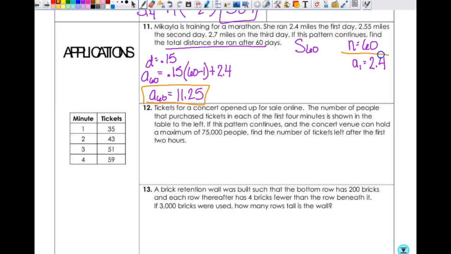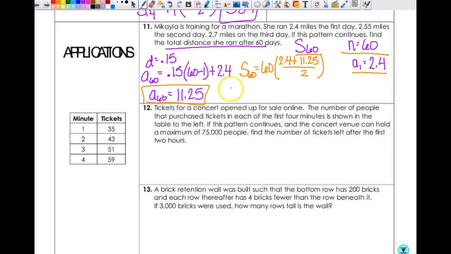Okay, 11.25. So I have found the 60th term. I have found what n is. I found the first term, and this is what I'm looking for here. So S of 60 is equal to n, which is 60, times the first term, which is 2.4, plus the last term, which is 11.25, all over 2. So figure that out there.